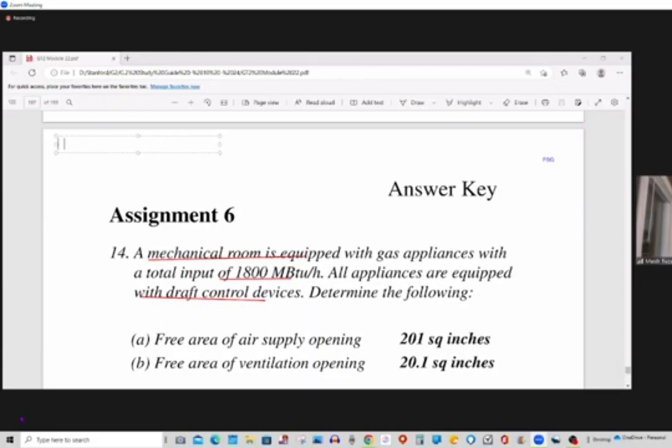Now since it's 1,800,000, how are you going to do it? 8.4.2, the first million divided by 7,000. How much? It's going to be 143 inches square. Then the remaining, 1,800,000, divided by 14,000. No, sir.